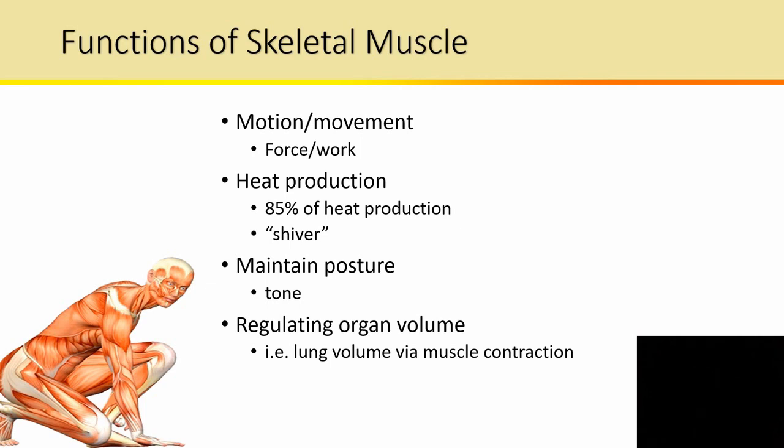That increases the volume inside the thoracic cavity, which creates almost like a suction or a vacuum, which then draws air in. That works along with the diaphragm that we'll talk about later on. So these are some of the basic functions that we see of skeletal muscle.